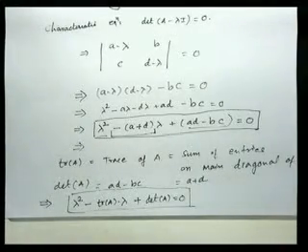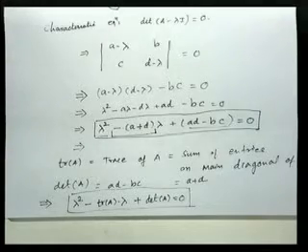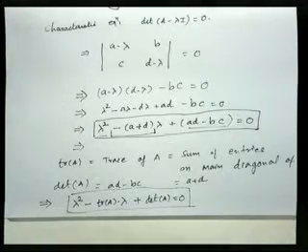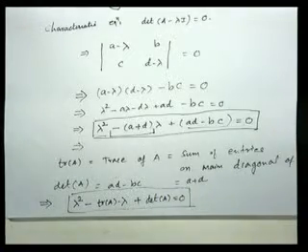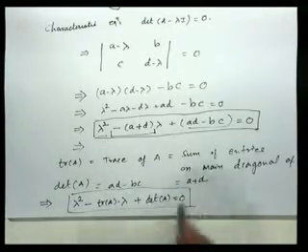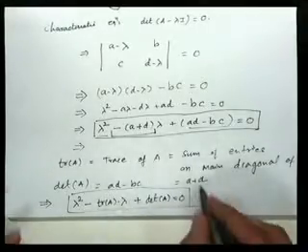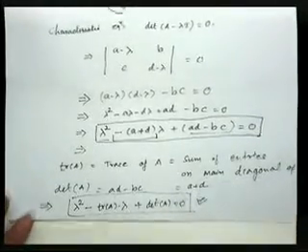Here the signs are alternating: plus for lambda squared, minus for lambda, and plus for the constant term. So this is the characteristic equation for any 2 by 2 matrix.